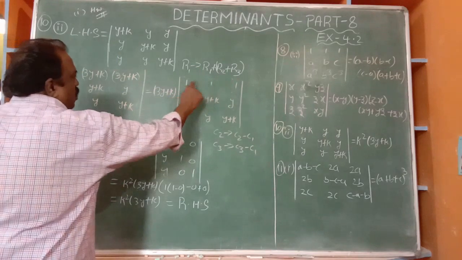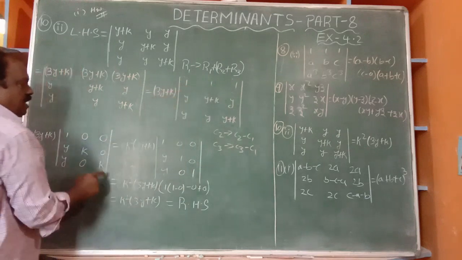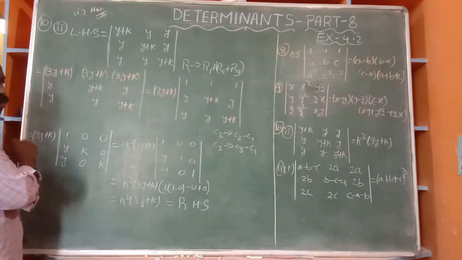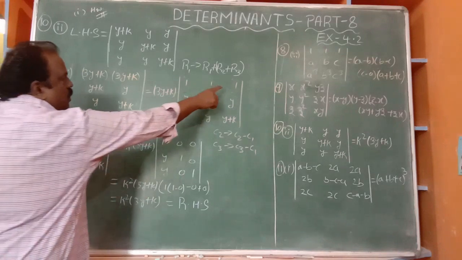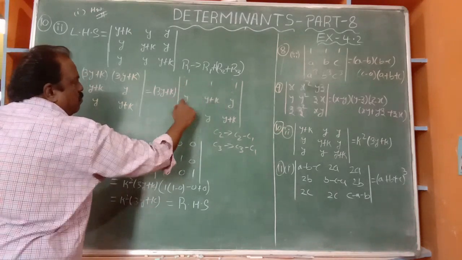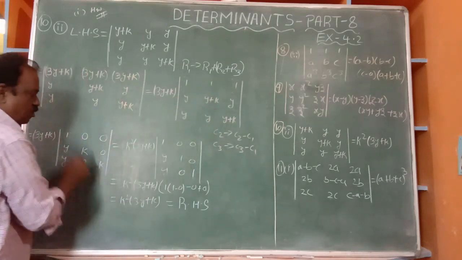The second column: 1 minus 1 is 0, y plus k minus y, we get k, y minus y is 0. Here also third column minus the first column: 1 minus 1 is 0, y minus y is 0, y plus k minus y is k.